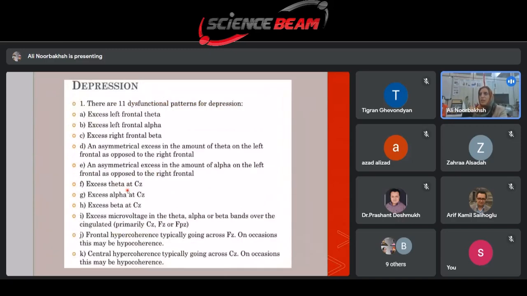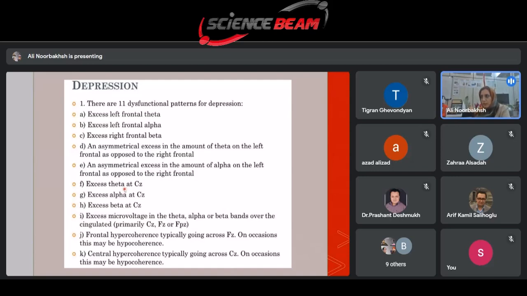And depression: excess left frontal theta, excess left frontal alpha, excess right frontal beta, asymmetrical excess. When we say asymmetrical, we can see a lot of lines on a brain. Asymmetrical excess in the amount of theta on the left frontal as opposed to the right frontal.